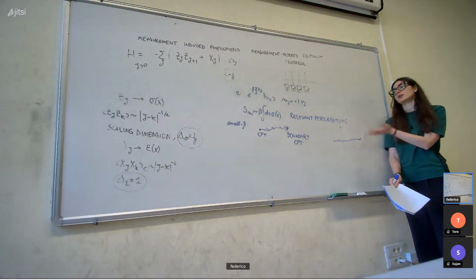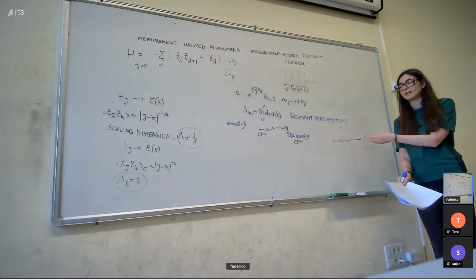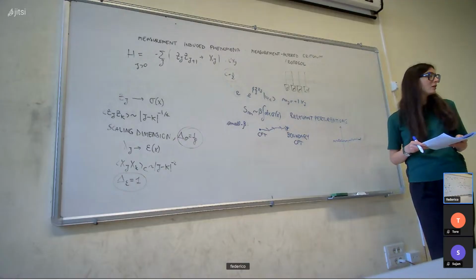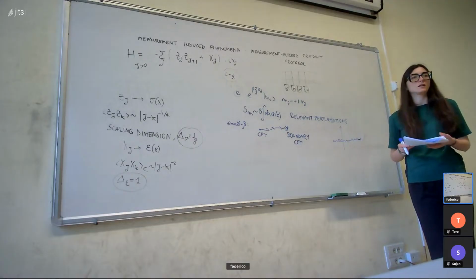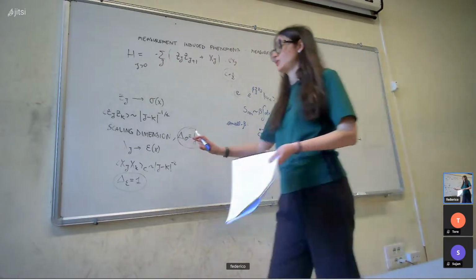And so if one knows the behavior of the Ising conformal field theory in the presence of a boundary, you can ask how the scaling dimension changes, for instance.